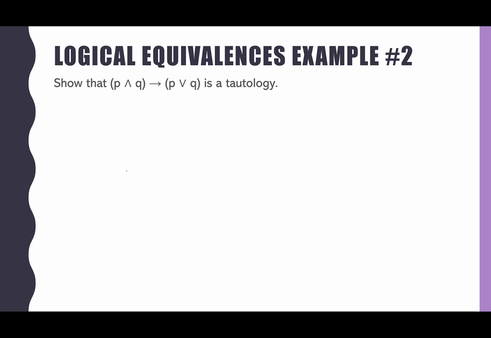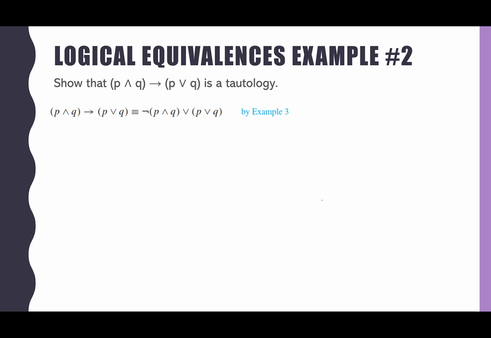But how do we prove it's a tautology? I'm trying to make this look like a true, a T. Well, let's do it real quick. So we start off with the original thing, and we're trying to manipulate it and mold it to be just a T. So by example 3, and I'll show you what that means in a minute, the little slide will pop up.